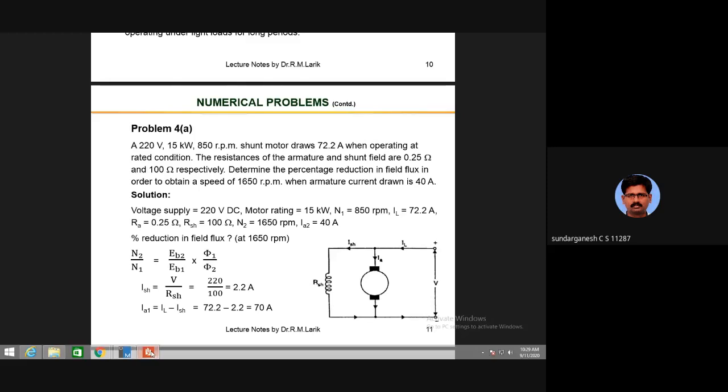RSH 100 ohm. N2 1650. IA2 40 amps. So already they are given IL equal to 72.2 amps. Okay, so this is the given data.